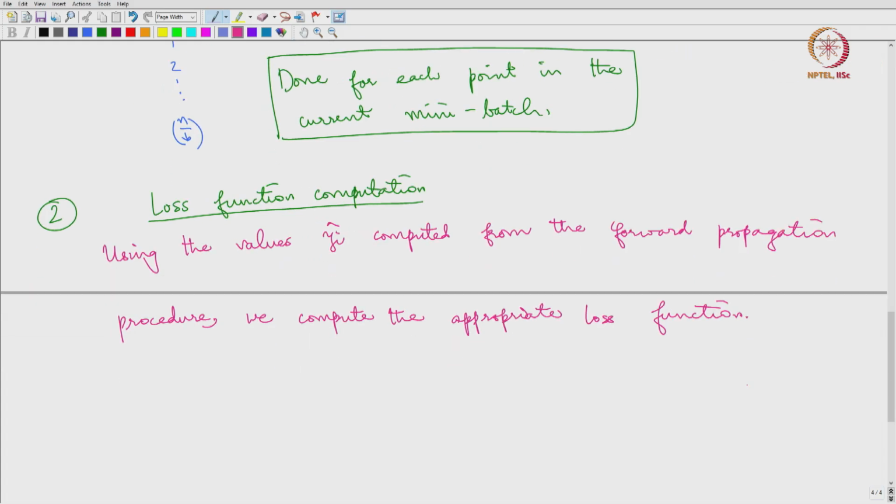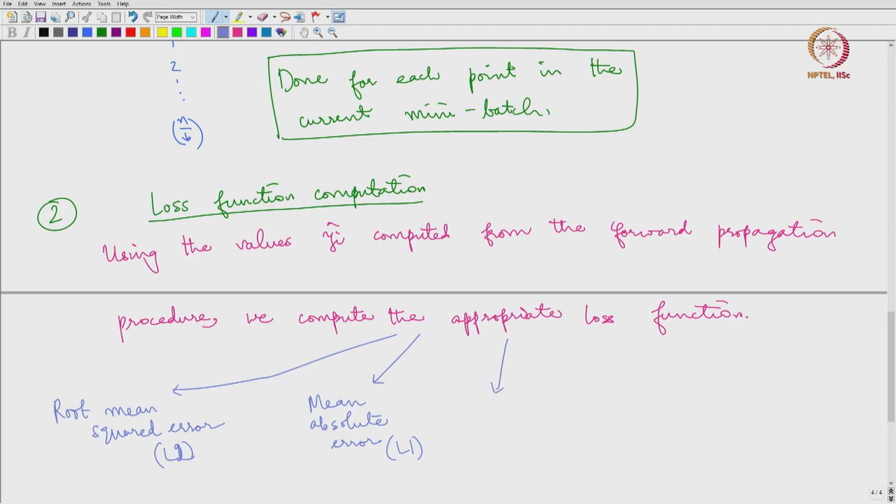And at this point I just want to remind you that there are so many different loss functions. Hopefully by this point in the course you know all these different loss functions. You can have the root mean squared error, you could have the mean absolute error; this is the L2 loss and this is the L1 loss. You can also have, if you are working on a classification problem, the cross entropy loss.